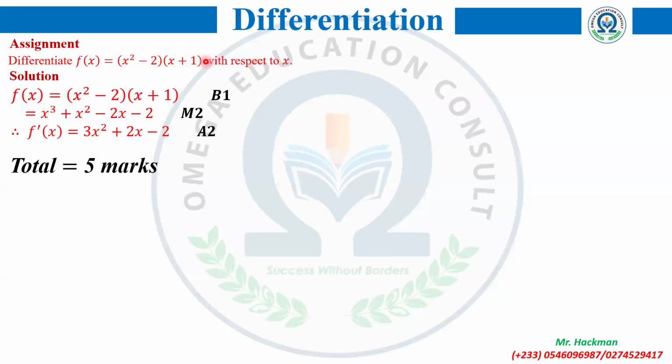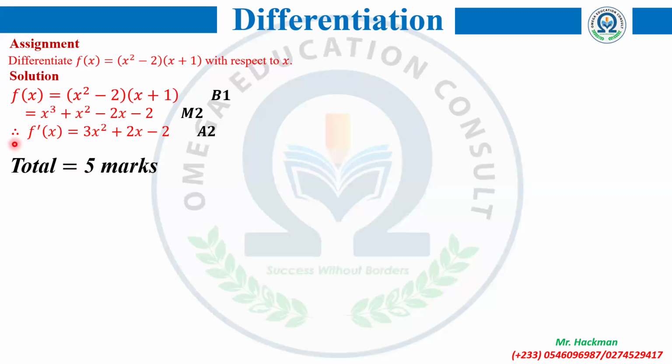And those of you who wrote f(x) is equal to d/dx of this side, that one will be M0, because f(x) is a function and will not be equal to it. Once you applied d/dx here, you should also apply d/dx there. So take note of that. That was a penalty for you to know how to do the writing.